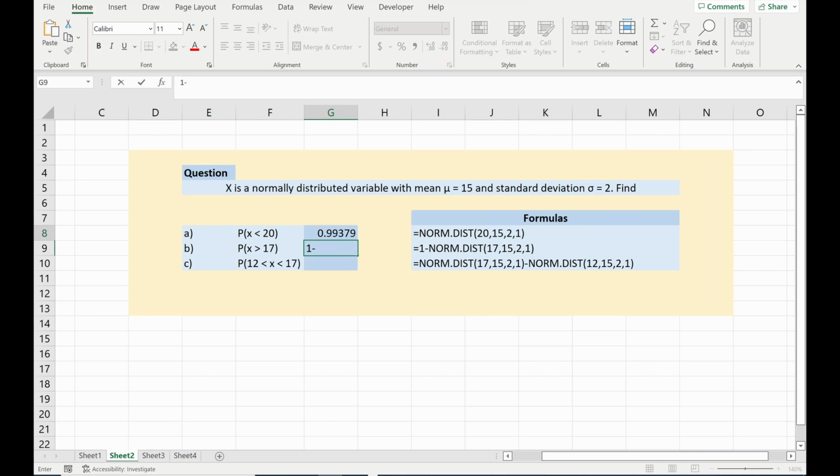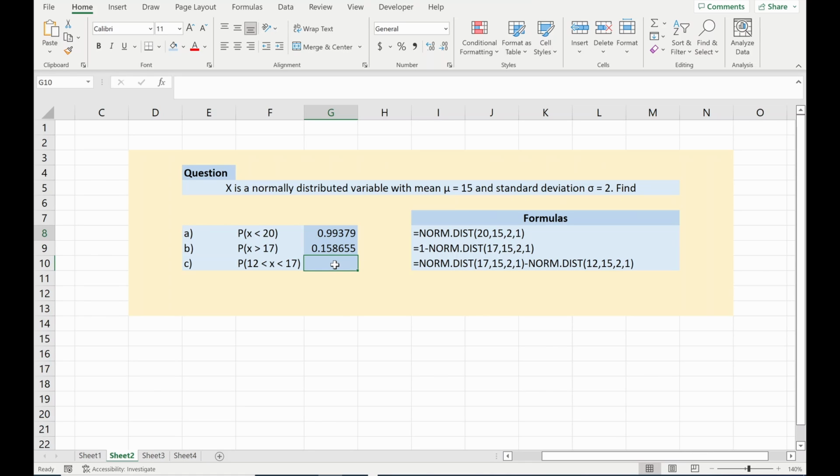So equals 1 minus Norm.Dist. We're looking at 17. Our mean is 15. Standard deviation is 2. Cumulative. Hit enter, and there we see it. The probability that X is greater than 17 is 15.865%.